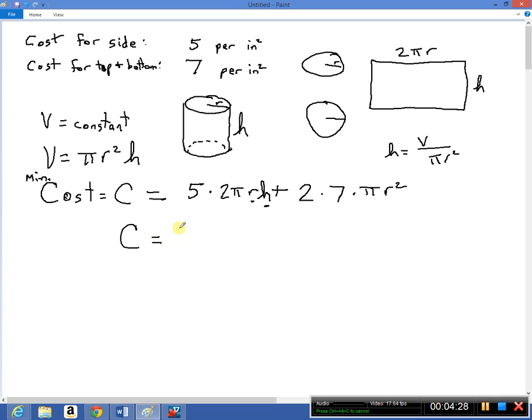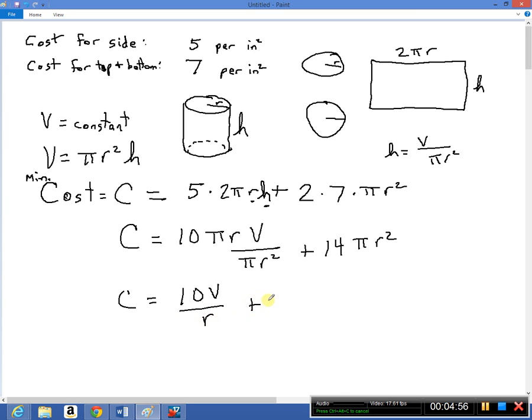So our cost is going to be 10 pi r times v over pi r squared plus 14 pi r squared, which can also be simplified as, let's see, the pi's cancel, and we're left with 10v over r plus 14 pi r squared.